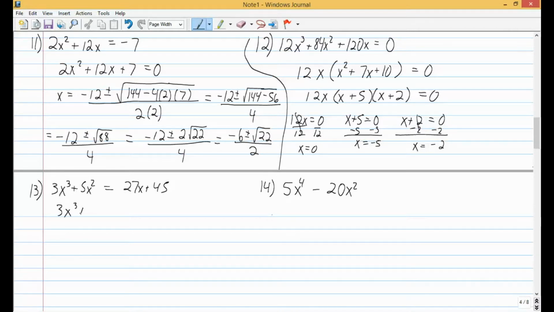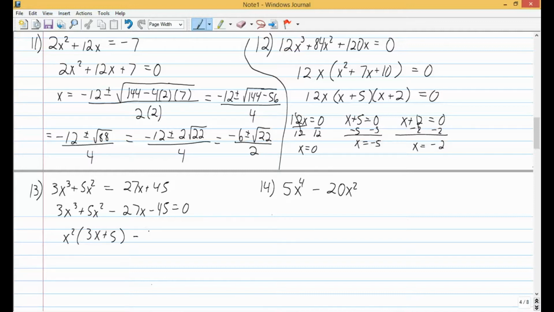On the next problem, I see 4 terms. When you have 4 terms, there is a chance you can factor by grouping. So let's see. If I group the first 2 terms together and factor out an x squared, that'll leave me with 3x plus 5.